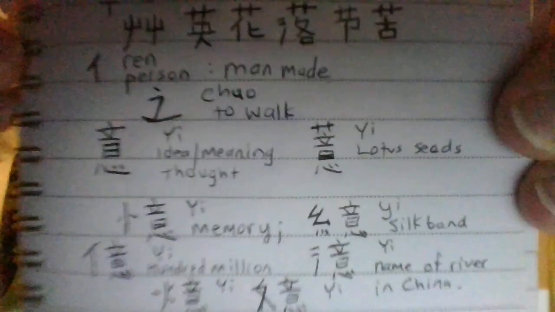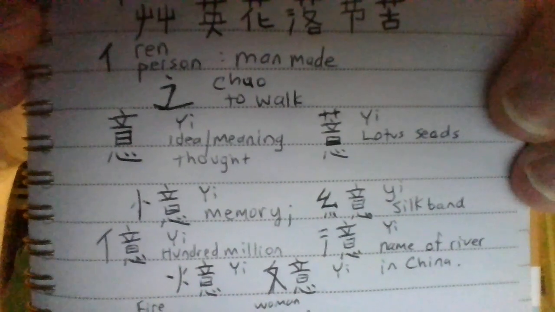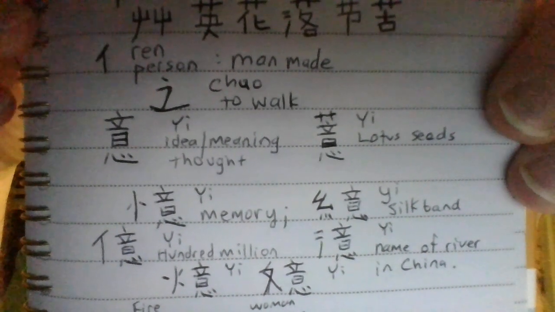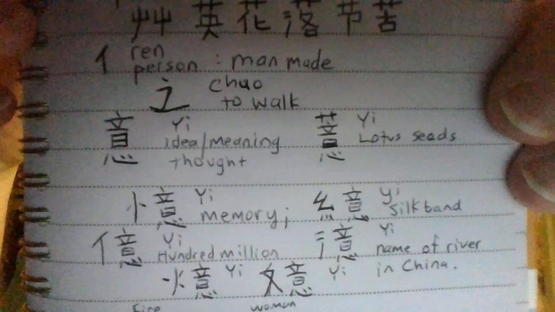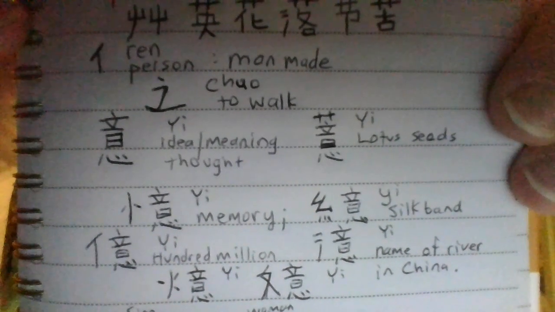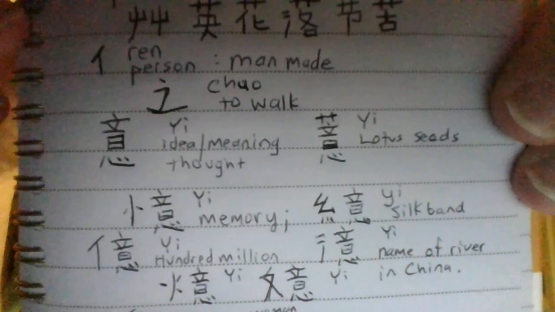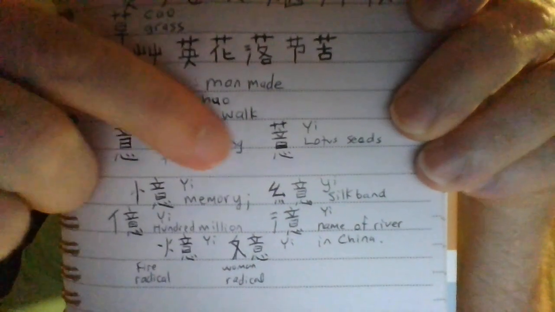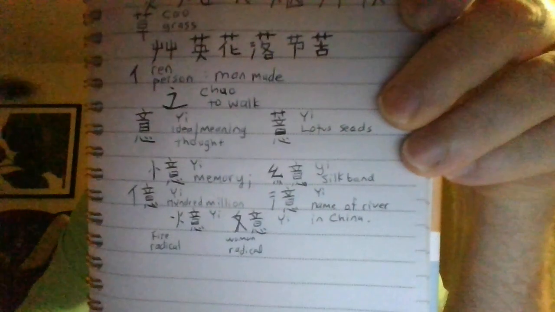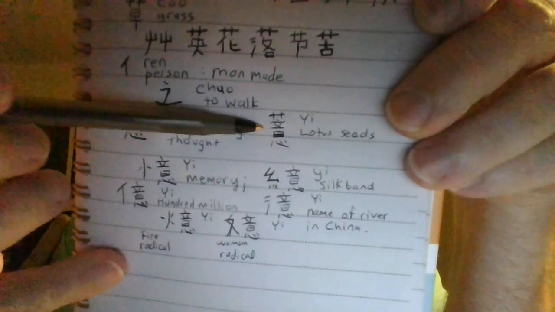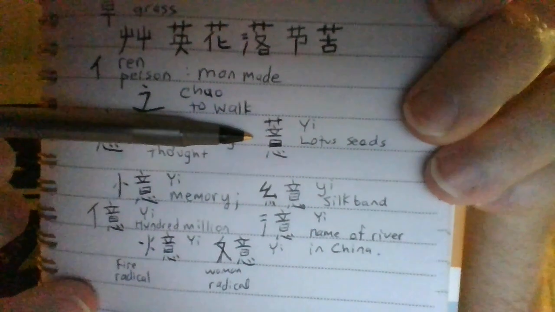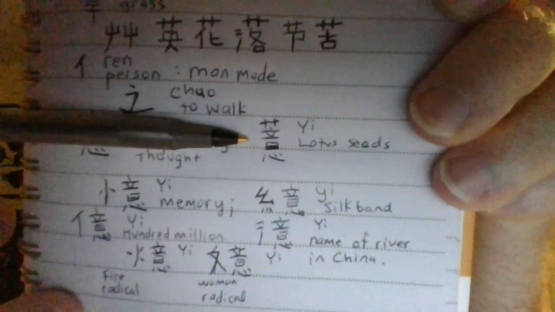And continuing down my list, I wanted to talk about this character that means yi, which is idea, meaning, or thought. It is the prefix of yisi, which is meaning. But now let's look. Right here we do have a grass radical on top of yi.